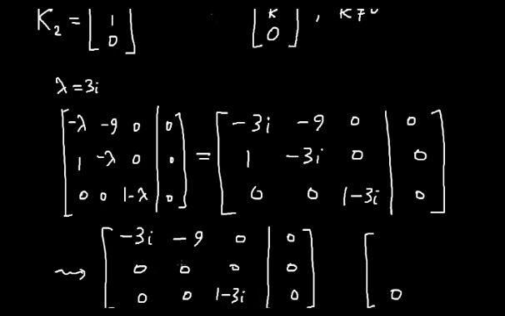The middle row is going to give us flexibility in terms of what the second entry is, so we can call it some k. And what about the first one? Well, if I divide throughout by 3, we'll have minus i.